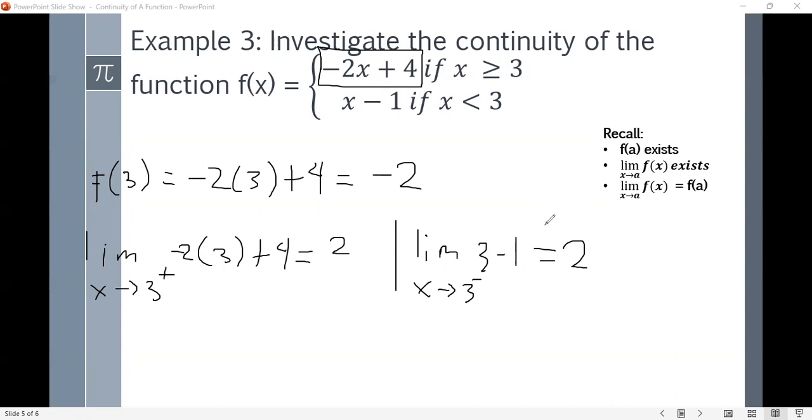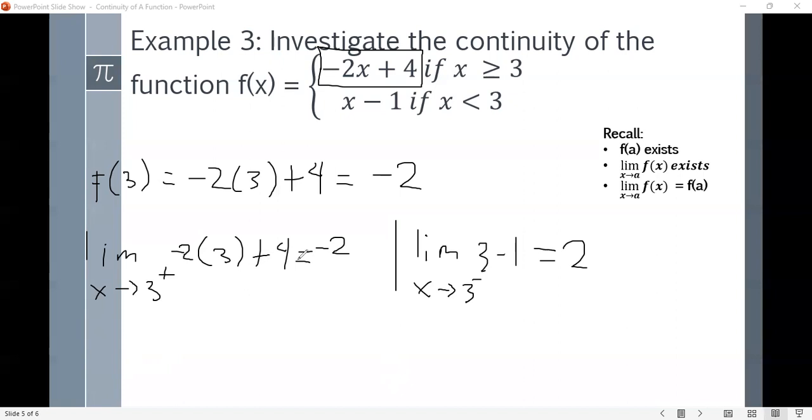So, kung mapapansin natin na f of a natin, wait. Ayan. Ito po pala ay negative 2.